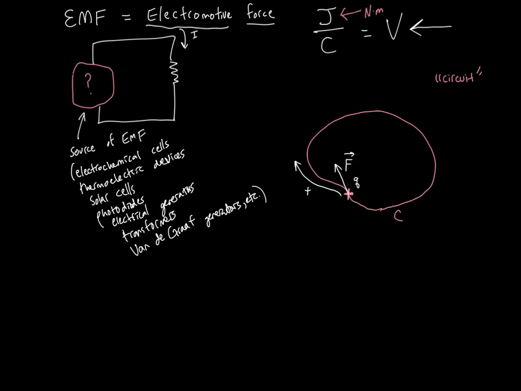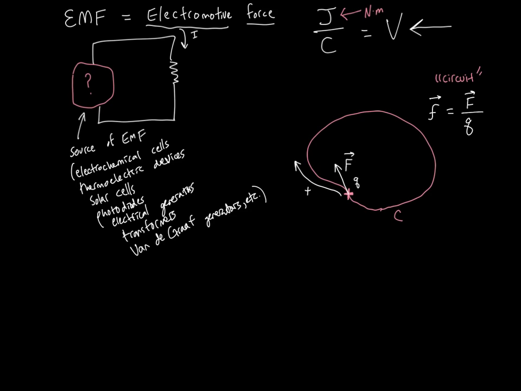We start out and we notice that the force F is proportional to the charge itself. So let's define little f. Little f is the force per charge, sometimes called the force per unit charge.